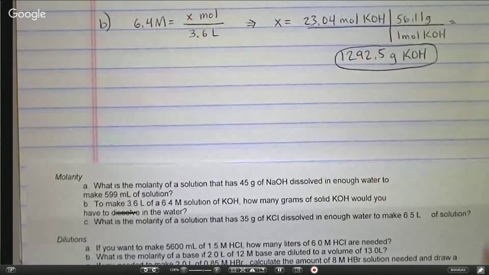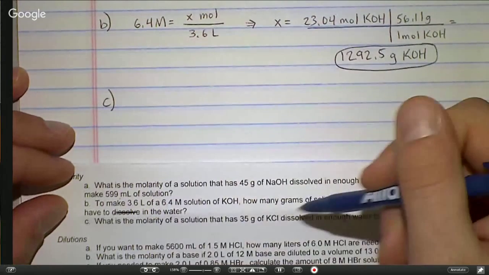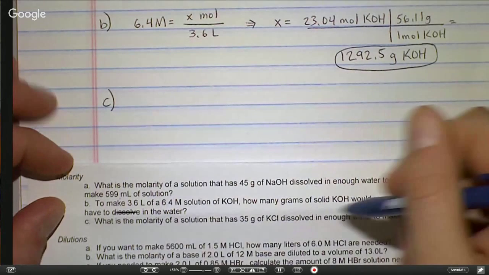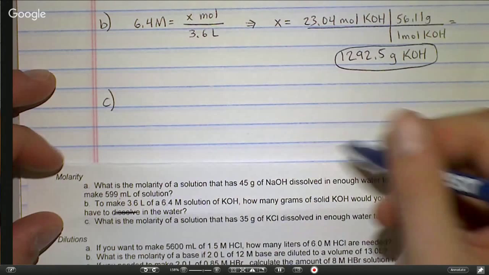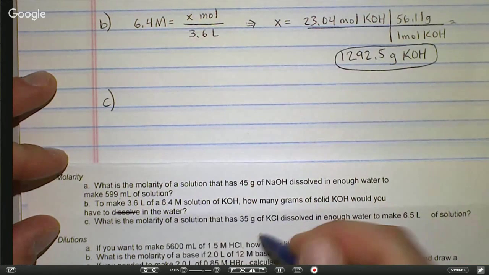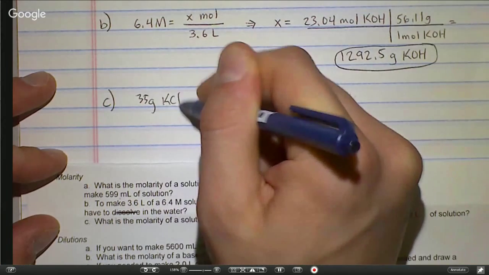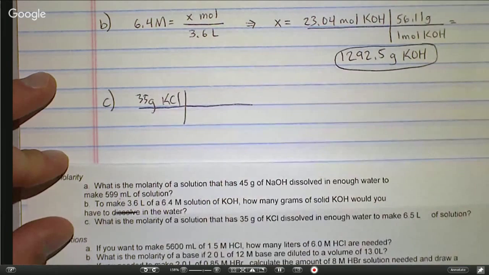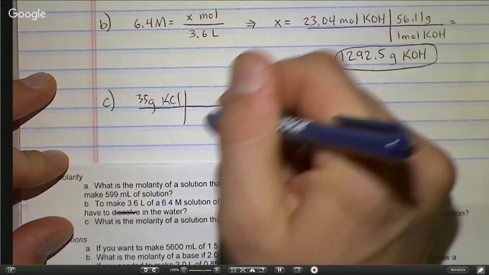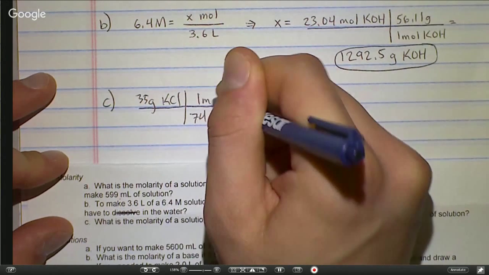All right, let's go on to C. Molarity of a solution that has 35 grams of KCl dissolved in enough water to make 6.5 liters of solution. So for molarity, we need to find moles. So we'll go with 35 grams of KCl, just like up in part A, and we have 74.55 grams of KCl per 1 mole.